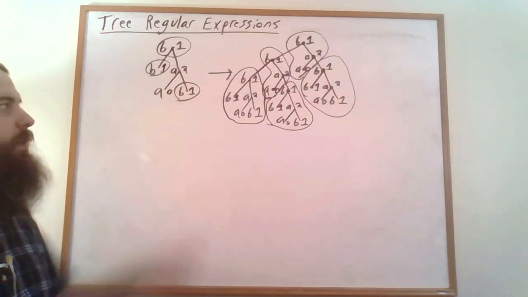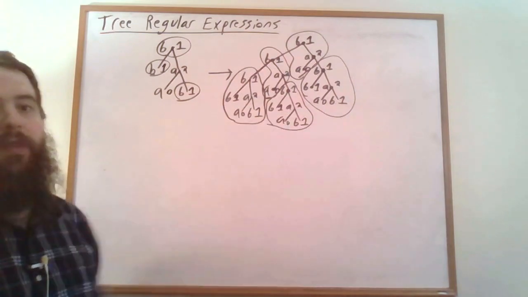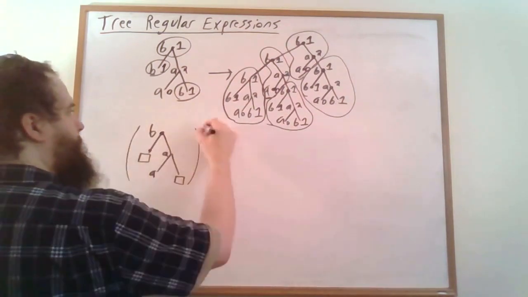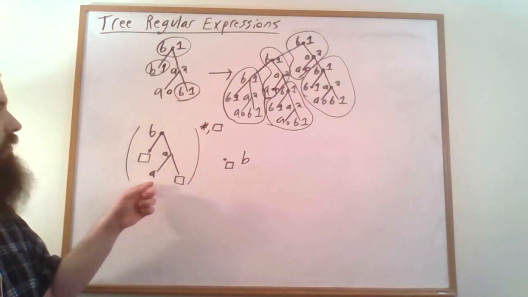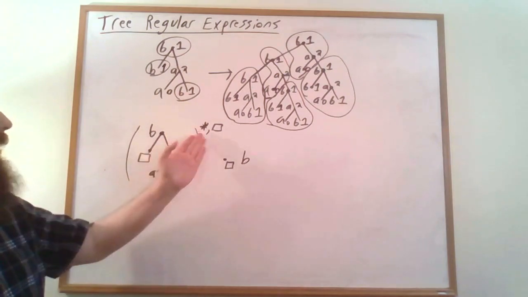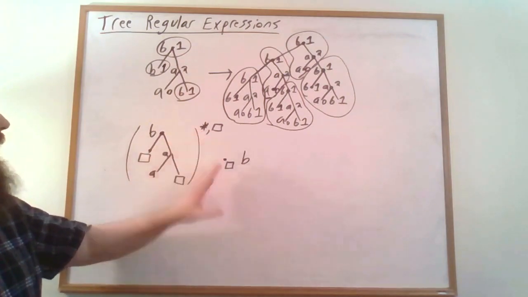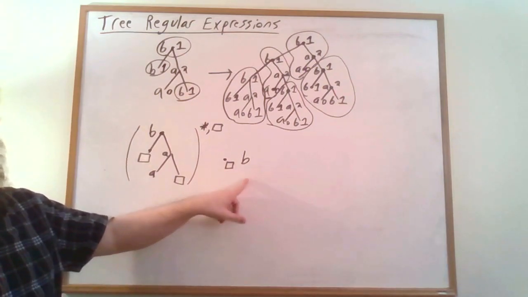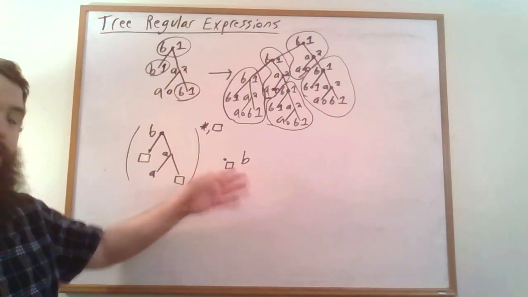There's a sense in which we want to describe this tree as belonging to this tree concatenated into its boxes some arbitrary number of times, and then with those boxes all replaced by the tree with a single node, and that node is B.